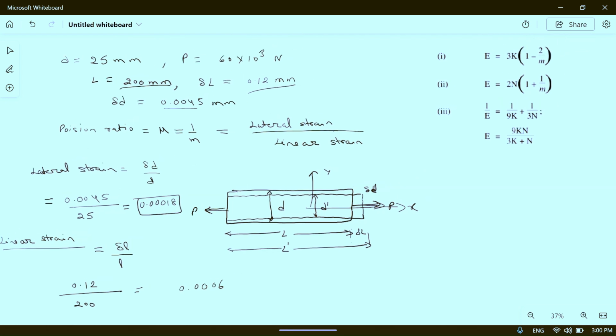So what is the Poisson ratio? Mu or 1 by m is equal to lateral strain, 0.00018, divided by linear strain, 0.0006. If you divide it, you will get 0.3. So this is the value of Poisson ratio.